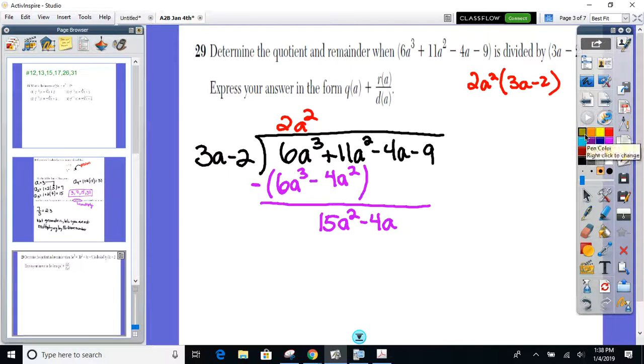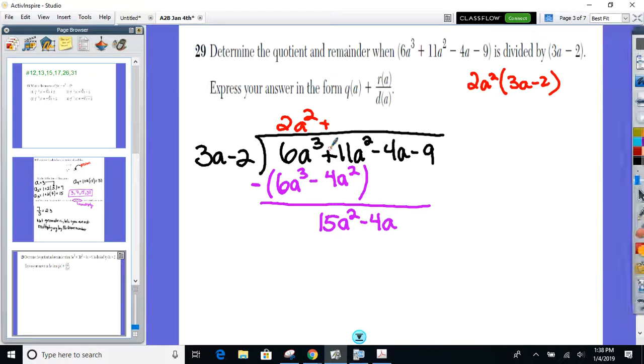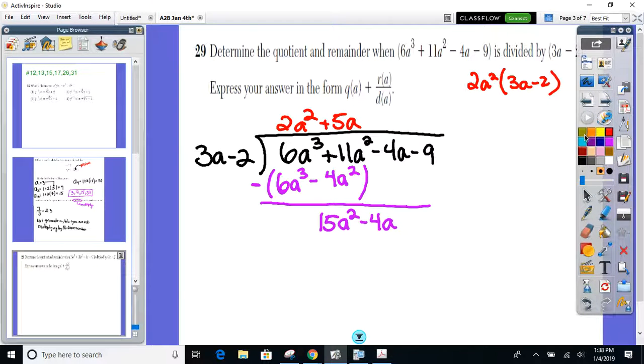Long division only. All right, you're up now. 3a times what gives me 5a squared? All right, 15a squared. I already kind of gave that one away. Plus 5a. Go ahead, 5a times 3a, 15a squared.